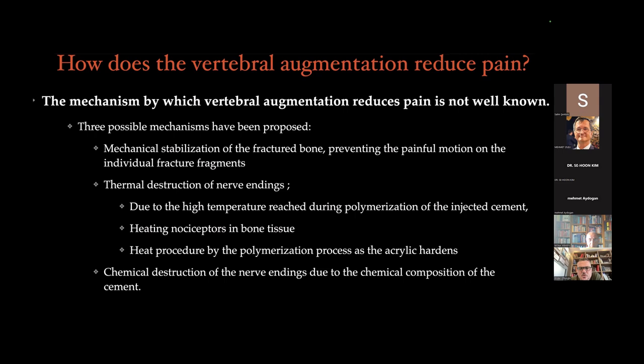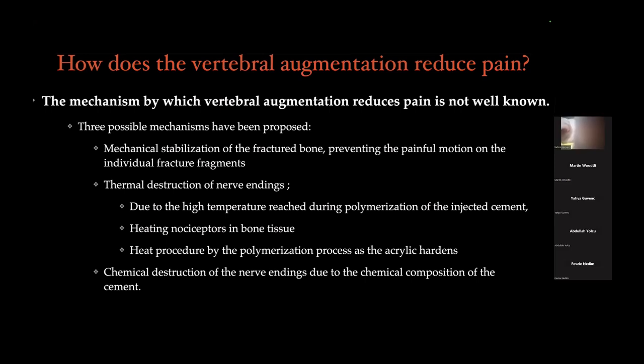Thermal destruction of the nerve endings due to the high temperature reached during polymerizing, heating nociceptors in the bone tissue as the acrylic hardens. And also chemical destruction of the nerve endings due to the chemical composition of the cement.